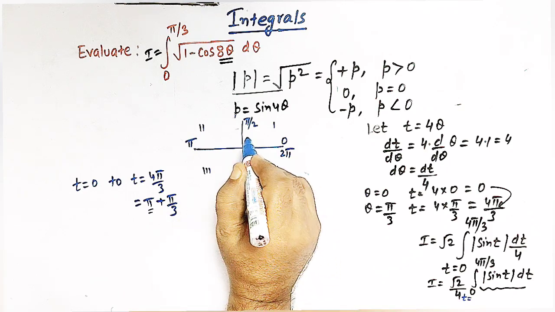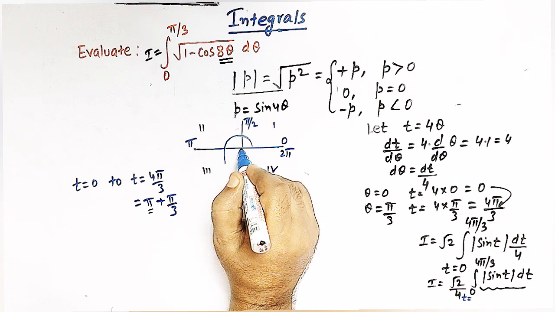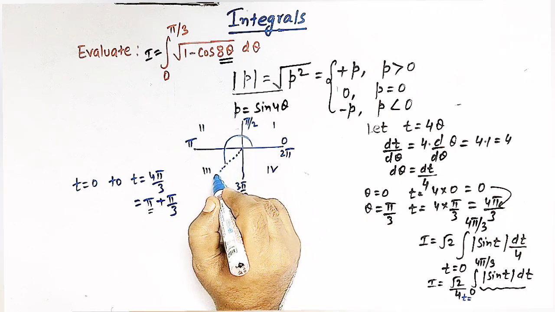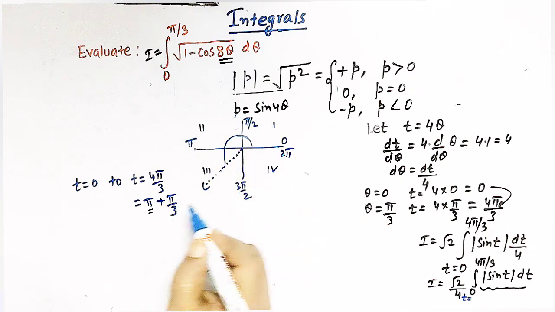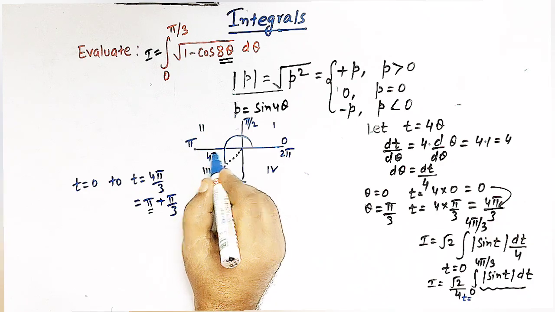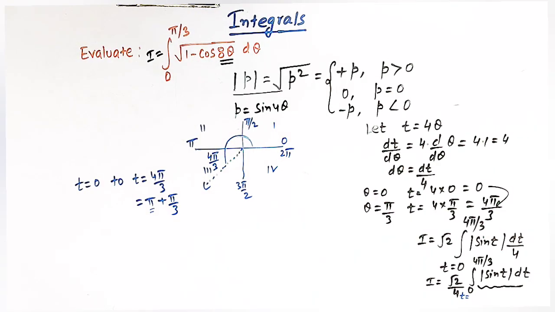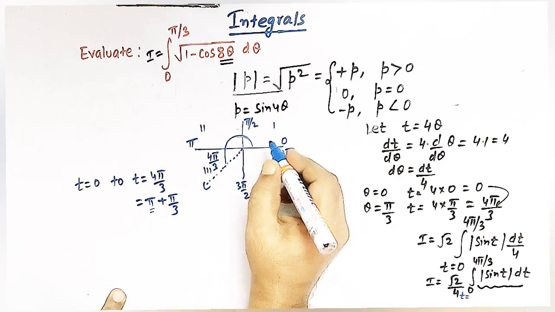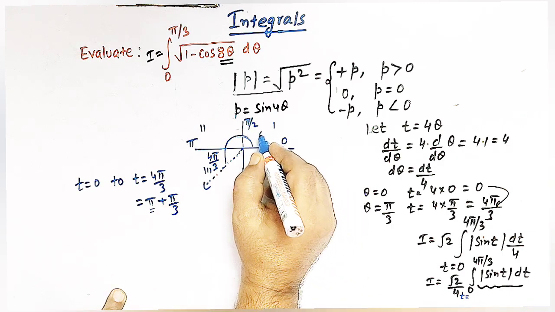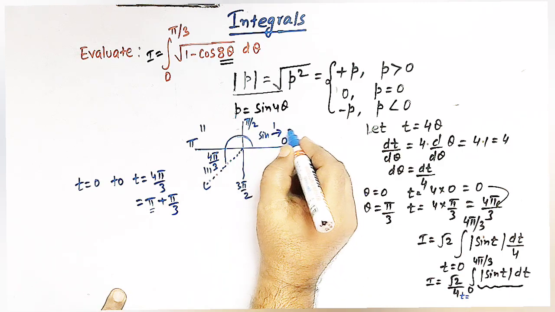So we have this angle, that is 4 pi by 3. So now the sign convention of trigonometric function in the 4 quadrants says that in the first quadrant the sine function is positive.